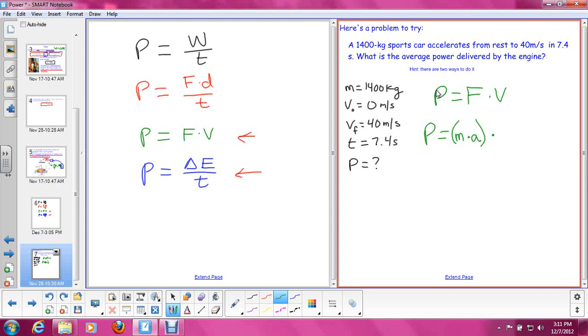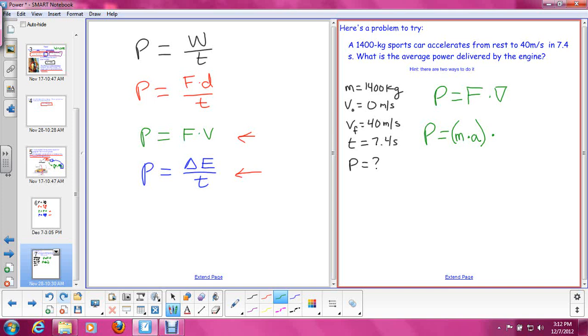And for velocity, we are going to have to break that down a little bit because we are given an initial velocity and a final velocity. So how do we know which one to use? Well, it turns out that this velocity is average velocity. So it's not initial or final. It is the average of the two.